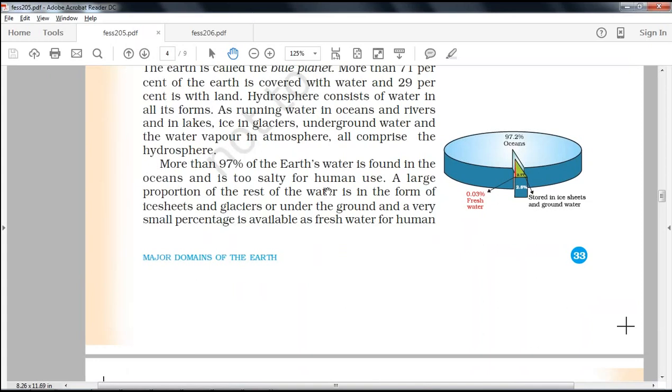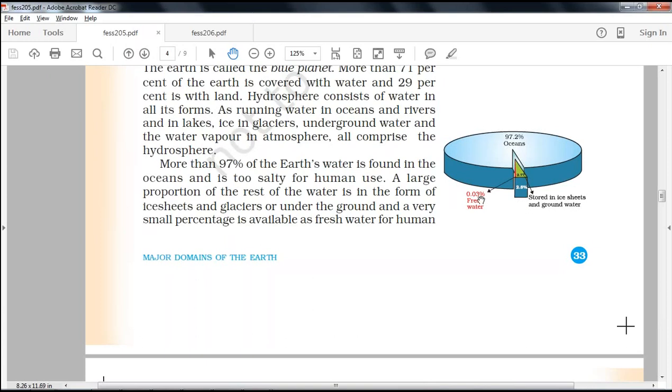for human consumption this water is not enough, because only the fresh water can be taken by human beings. 2.8% constitutes the fresh water out of the total waters. But mostly, 2.77% is stored in ice sheets and groundwater.